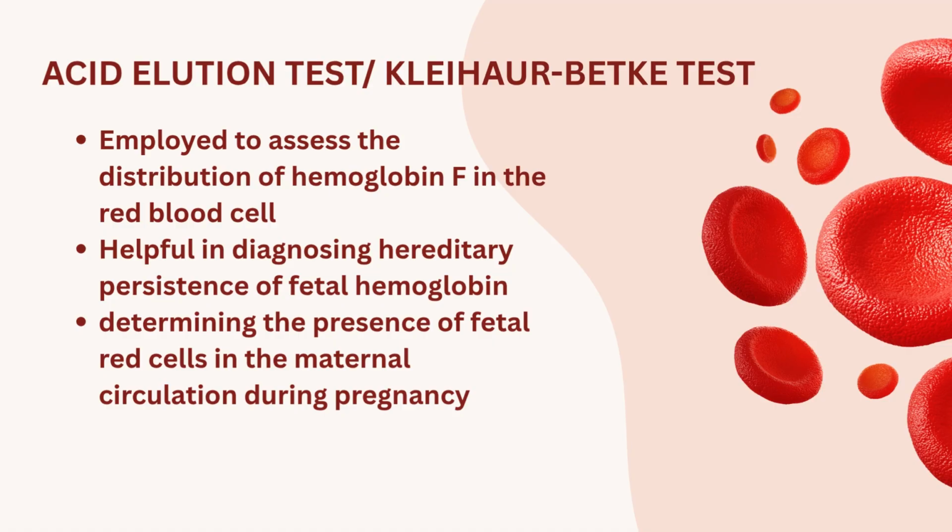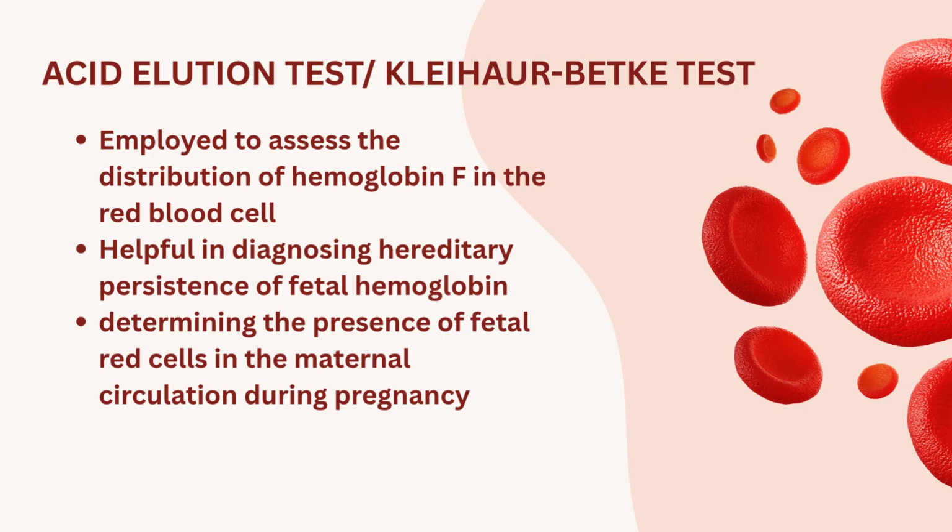Now let's go to the acid elution test, or the Kleihauer-Betke test. This is employed to assess the distribution of hemoglobin F in the red blood cells, to determine whether hemoglobin F is present in the same amount in all red blood cells or whether it is present in varying amounts in only some of the red blood cells.